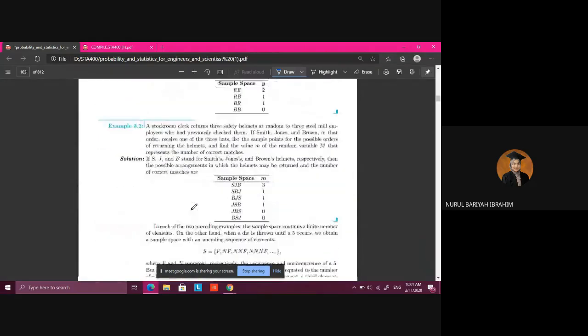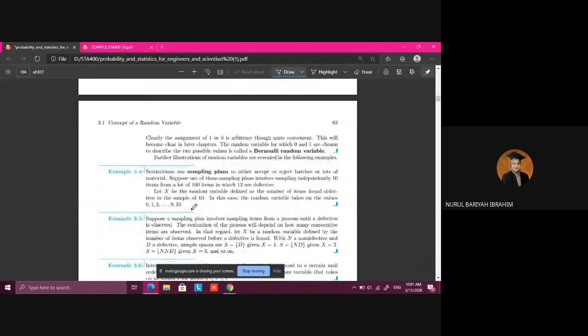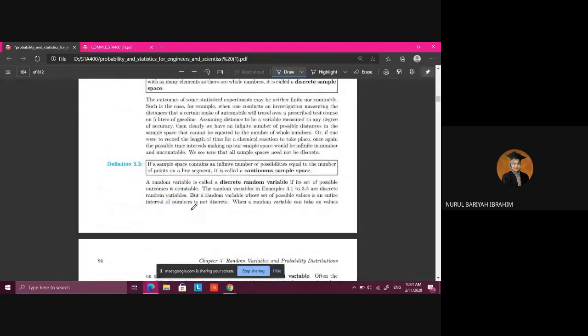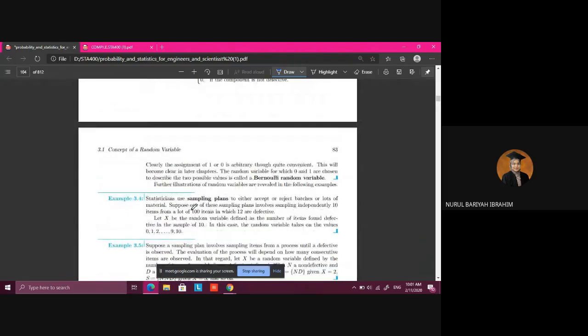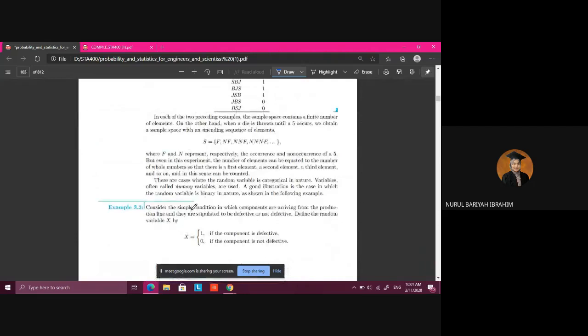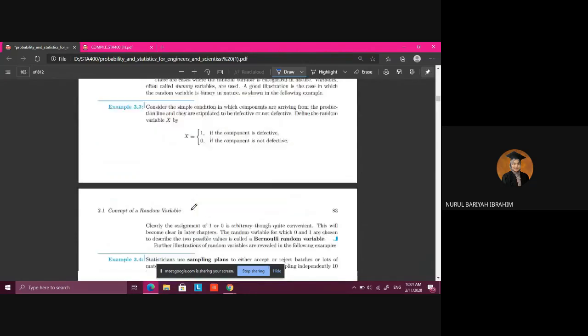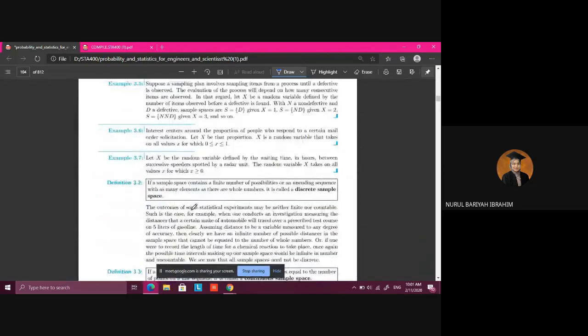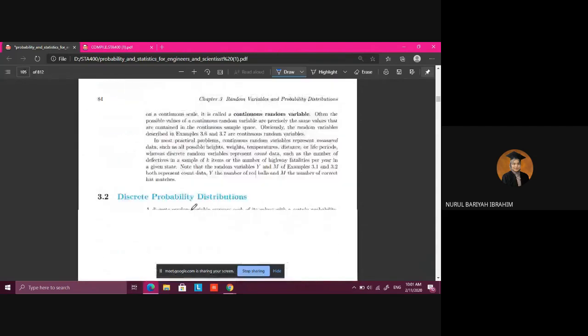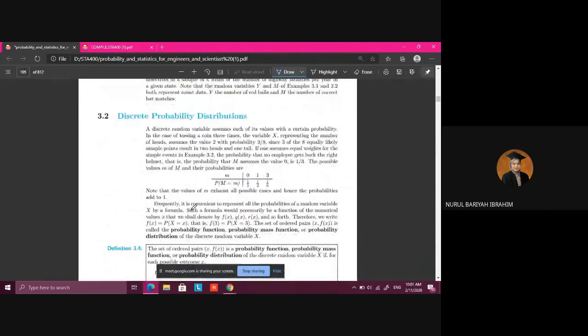Okay, so sekarang ni kita nak tengok macam adalah contoh-contoh discrete random variable and also the continuous random variable. Nanti later you can go through one by one of the examples. Okay. So sekarang ni I nak explain pula macam mana nak cari probability distribution for discrete.